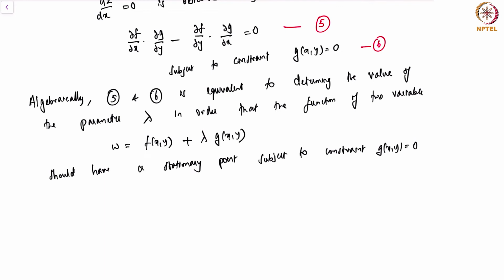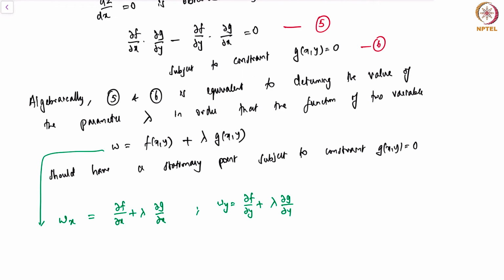If you take the derivative of w with respect to x, it is nothing but del f by del x plus lambda del g by del x. And similarly, wy, the derivative of w with respect to y, is del f by del y plus lambda del g by del y.